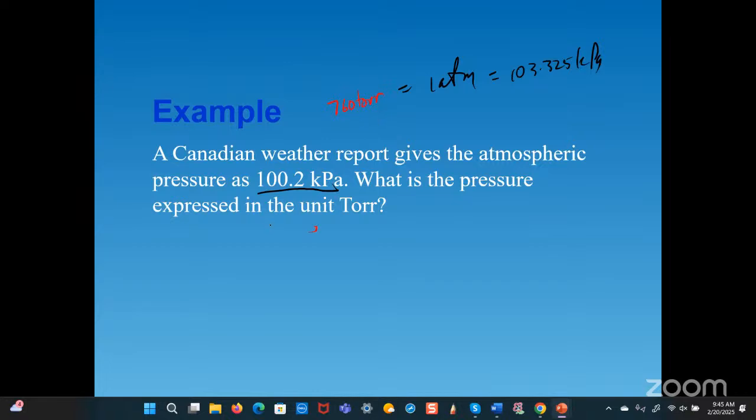Okay, so basically you're starting off with 100.2 kilopascals, and you have to multiply by the conversion factor, which relates the torr unit to the kilopascal unit. So you're going to put 760 torr here. And down here, 101.325 kilopascal below. And then we do the simple calculation.